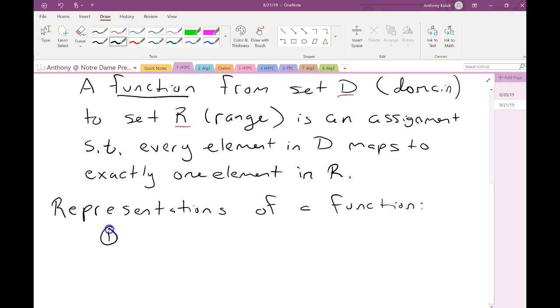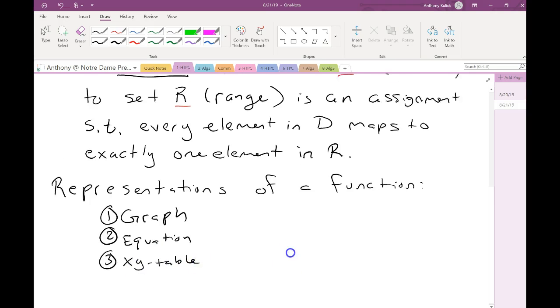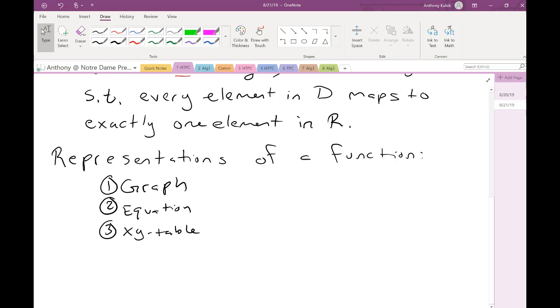Okay. Good. What else? An equation, I heard. Yep. Okay. Yep, an XY table or T table. Sure. There's two more that I'm looking for.